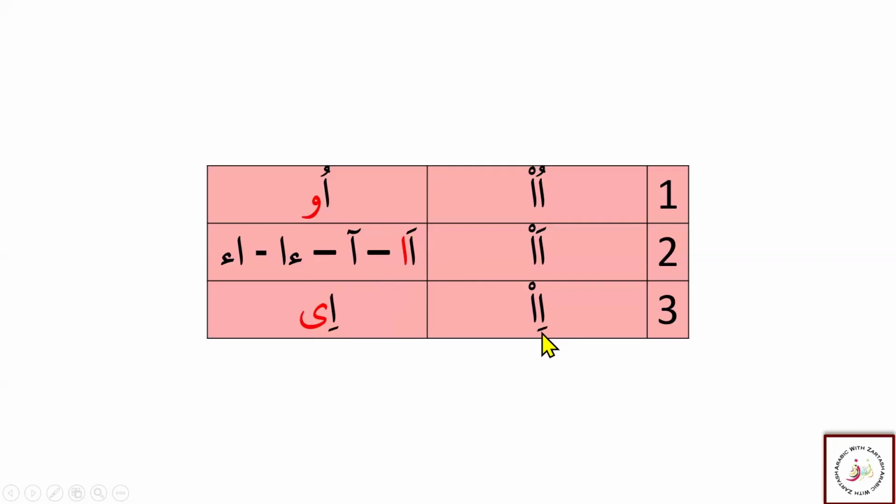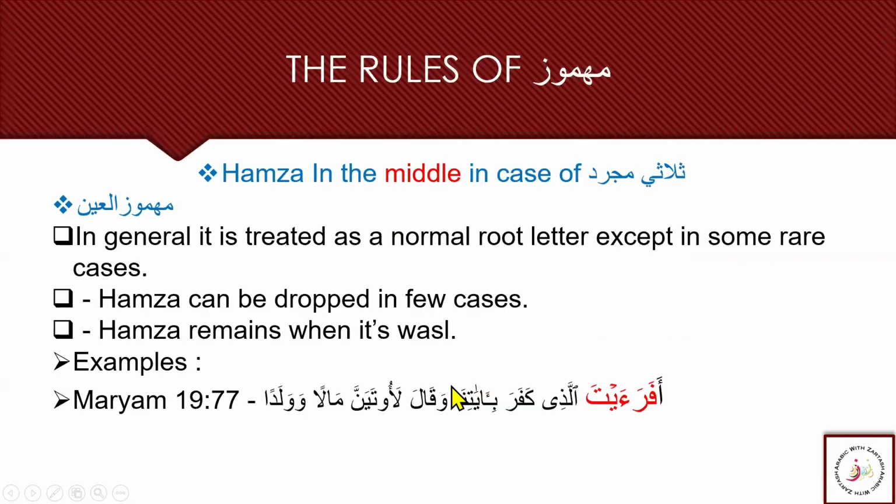Now here, again, the preceding Hamza has a Kasra, so this Hamza is changed into a Ya.